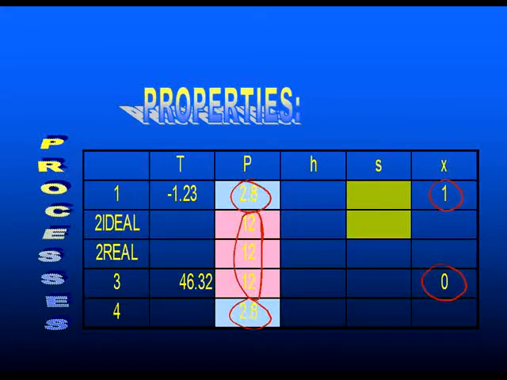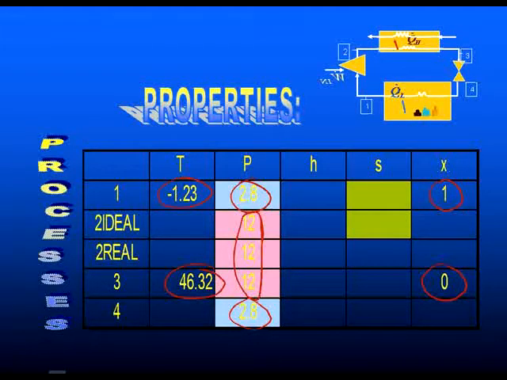From there you can find the following properties. The temperature you're evaporating at is -1.2 degrees centigrade, and the temperature you're condensing at is 46 degrees centigrade, well above the typical surrounding temperature, well above the 25 degree temperature of our room.